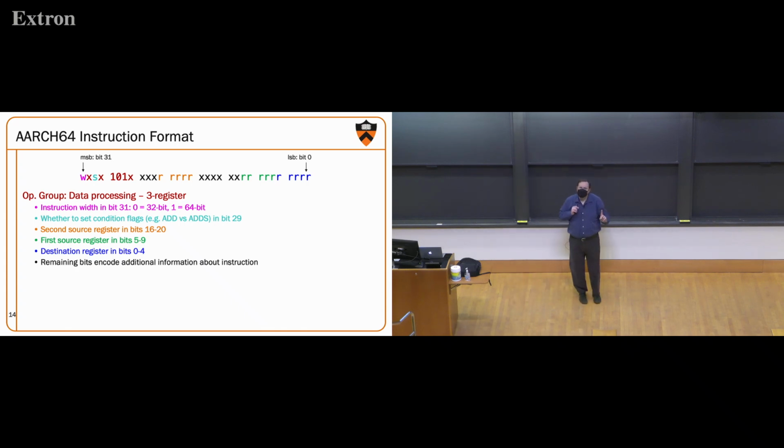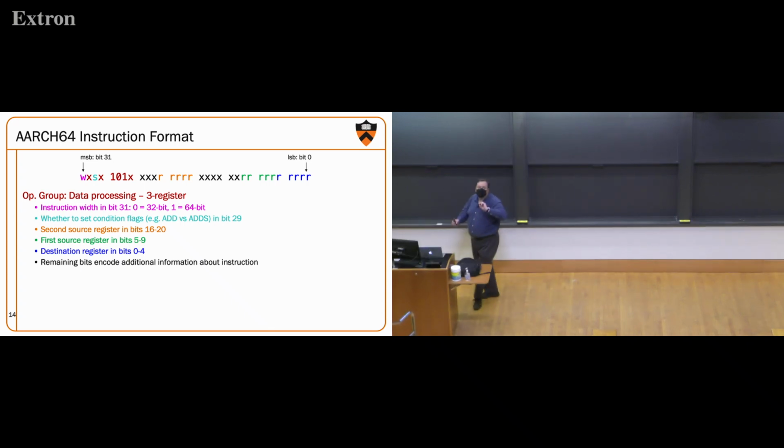Well, we lay it out in memory the same as we would any other 32-bit word on a little endian architecture. That is, the first thing that comes in memory is the least significant, the lowest order byte. That is the lowest order 8 bits.